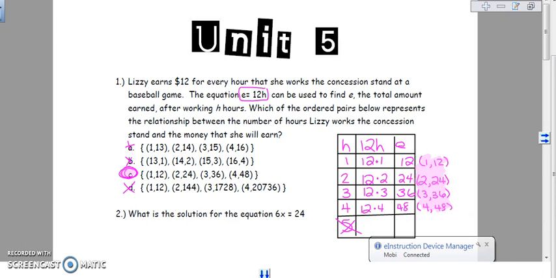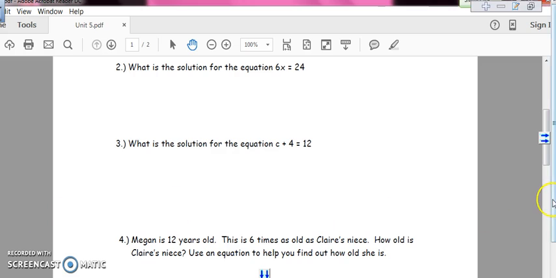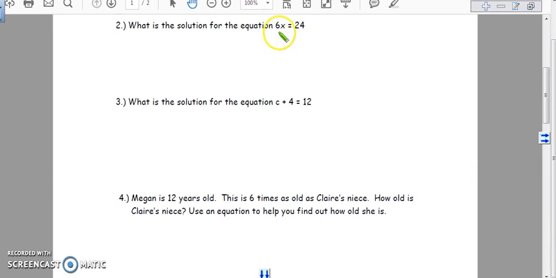Okay, let's go on to number 2. What is the solution for the equation 6x equals 24? Well, I'm solving an equation, so I draw my line through the equal sign. What operation is this when they're touching? Multiplication. How do we undo multiplication? We do division. Am I drawing my little division sign?